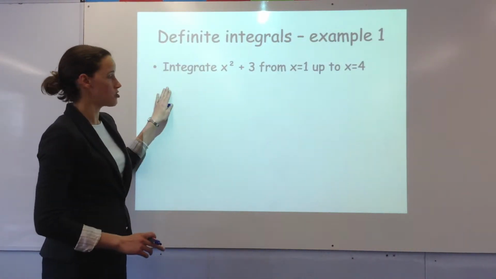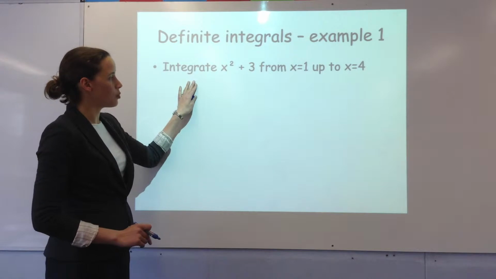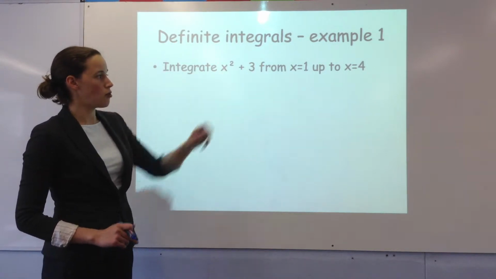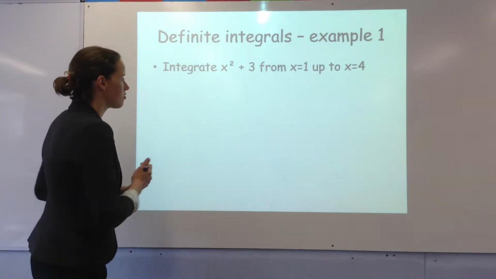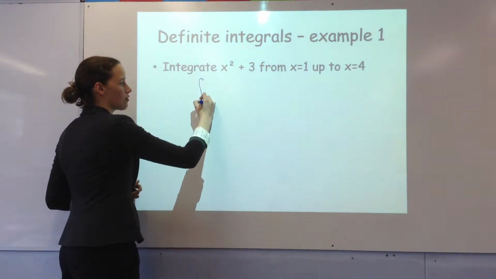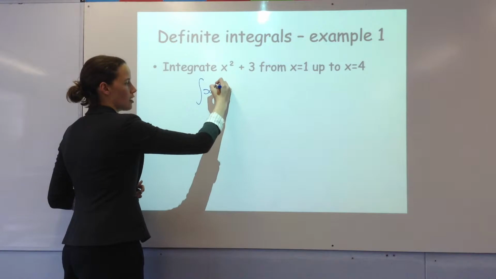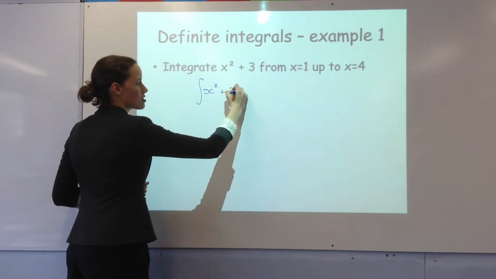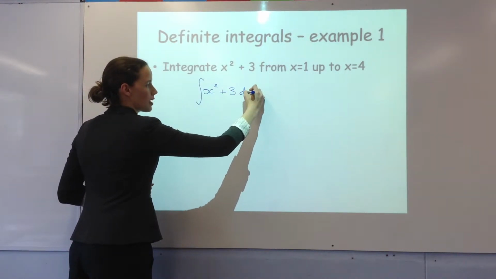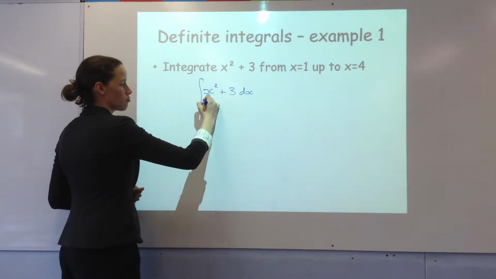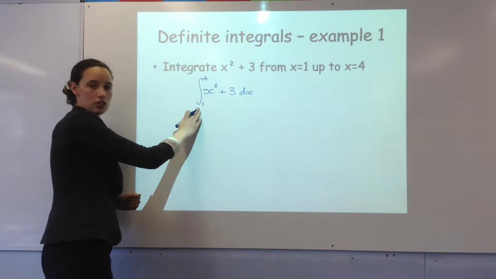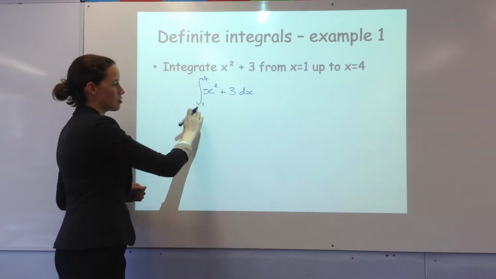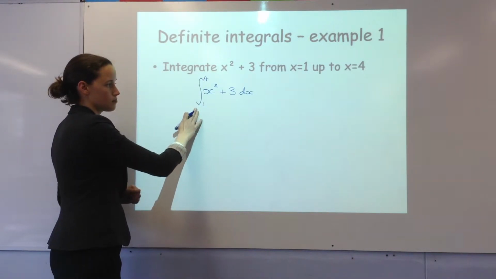So, let's go straight into using that. If we wanted to integrate this from x equals 1 up to x equals 4, what we're going to find is that we no longer have a constant. So if we integrate x squared plus 3 with respect to x from 1 up to 4, and I put the limits of integration on the side of this integral sign here.